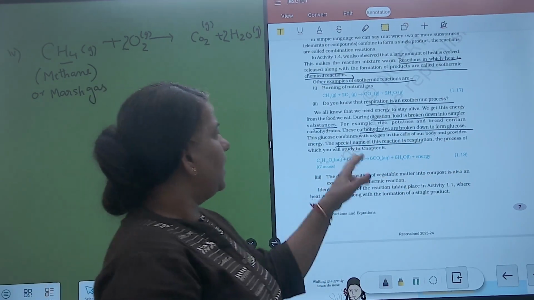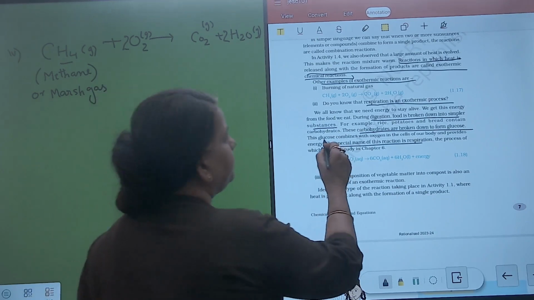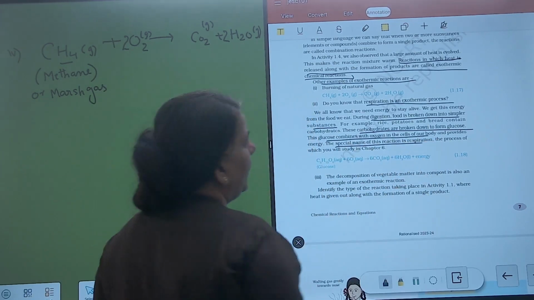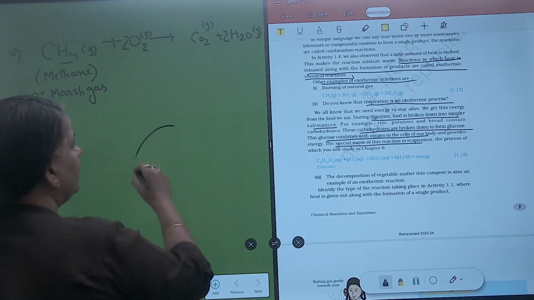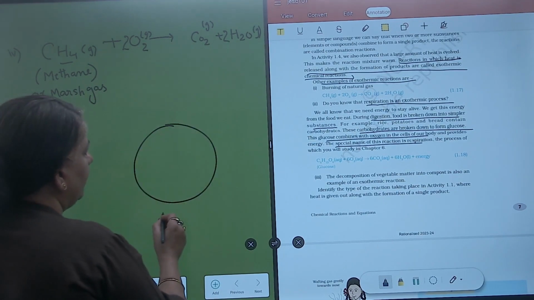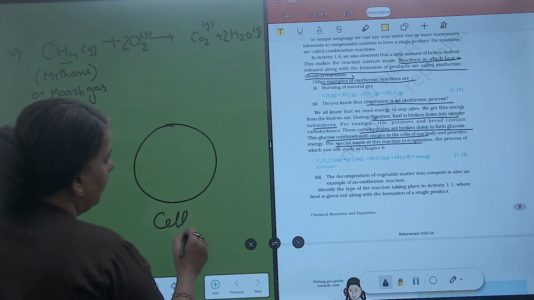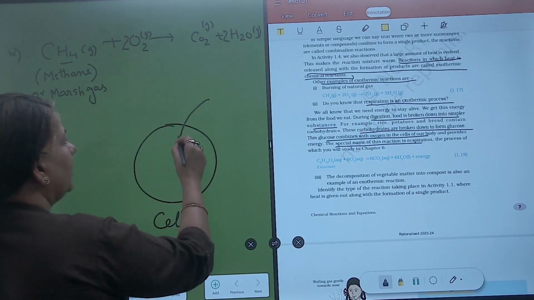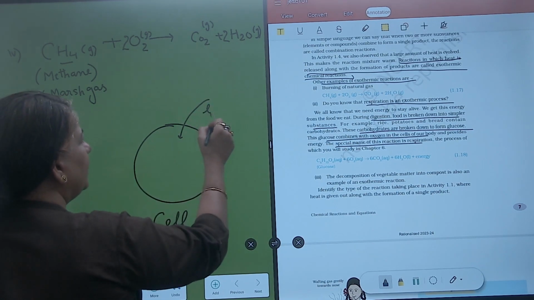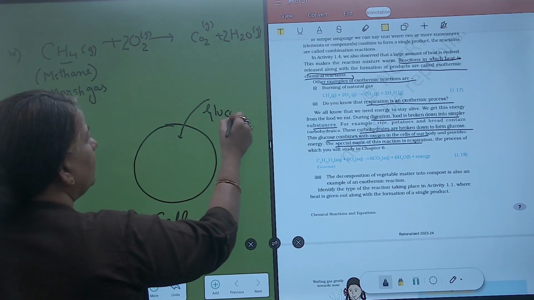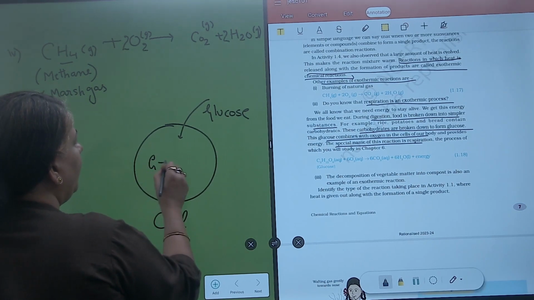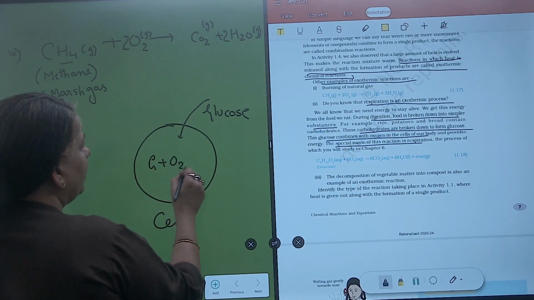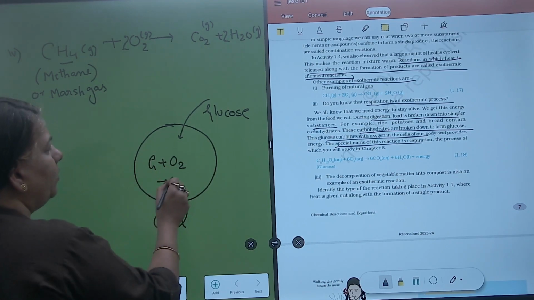So glucose in our cell will combine with oxygen. If this is a single cell, glucose enters into the cell, and this glucose will combine with oxygen to produce energy.